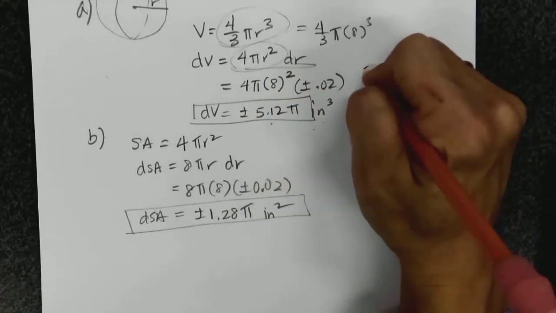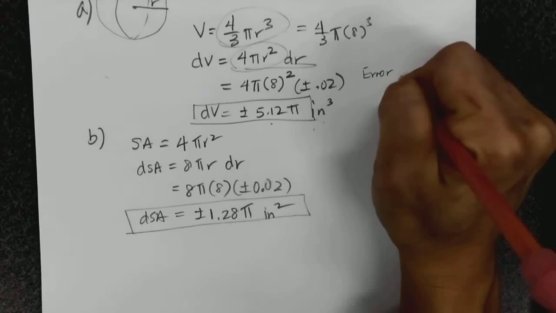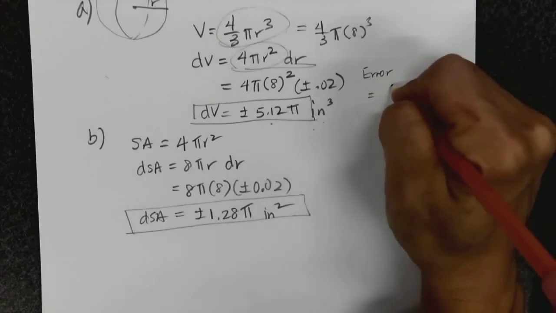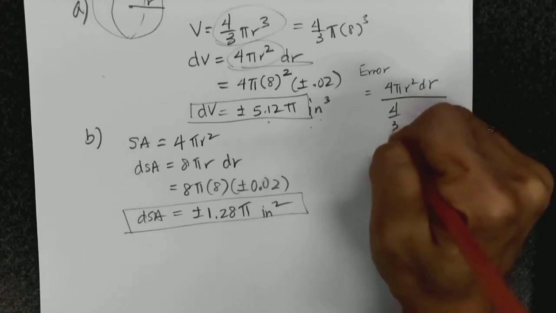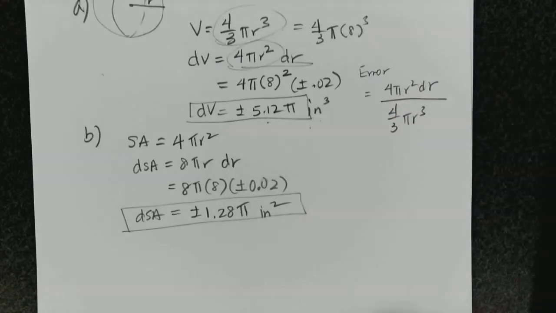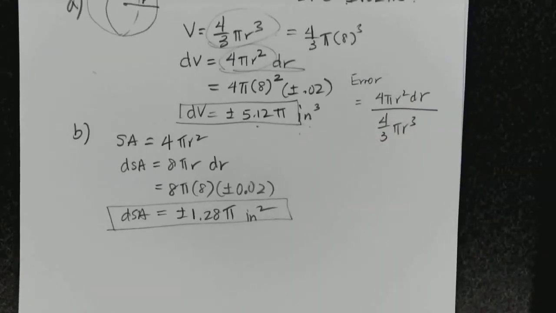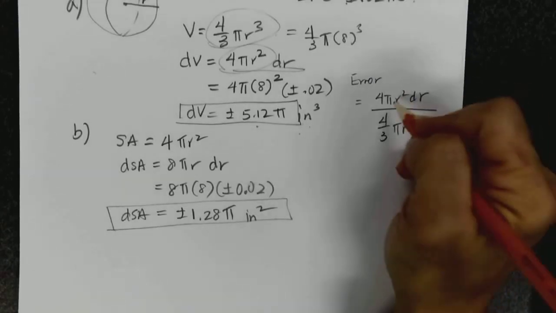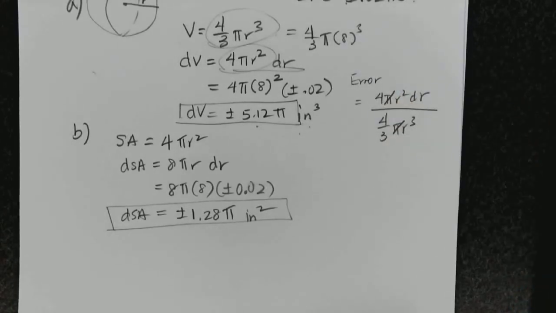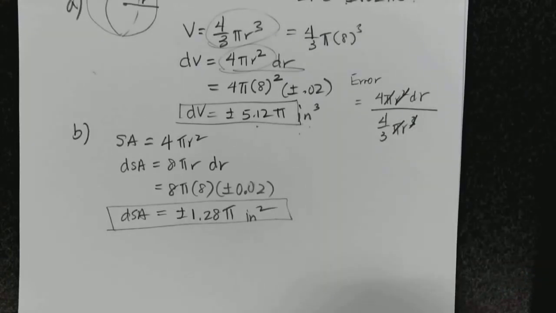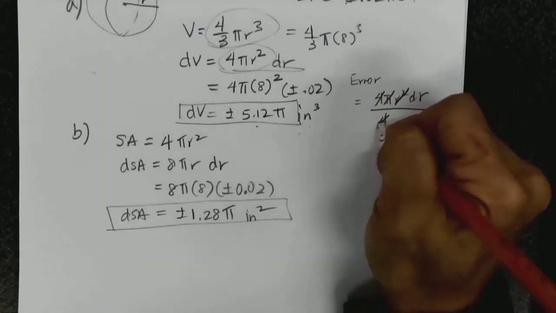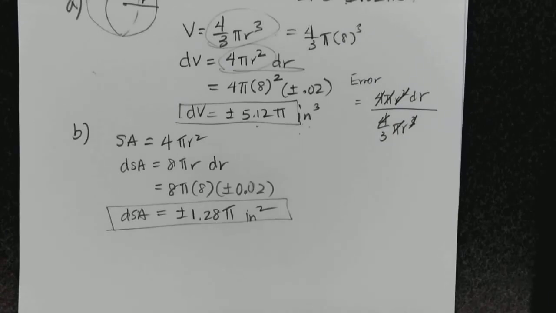So the error would be 4 pi r squared dr divided by 4/3 pi r cubed. So the pi's would cancel out, r squares would cancel out, 4's would cancel out, 3 will flip to the top.